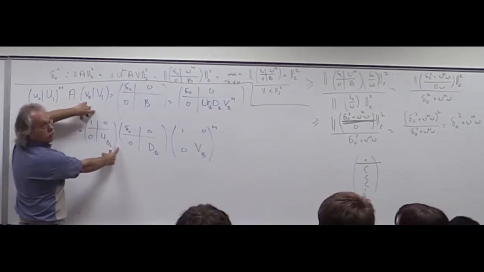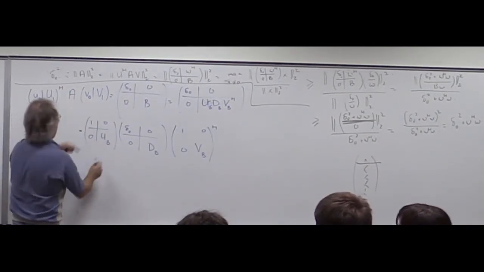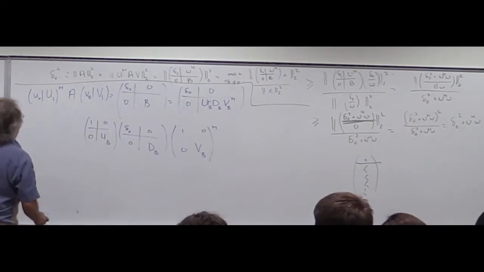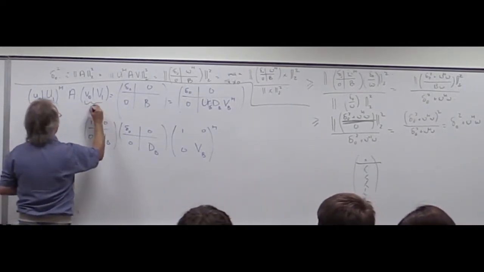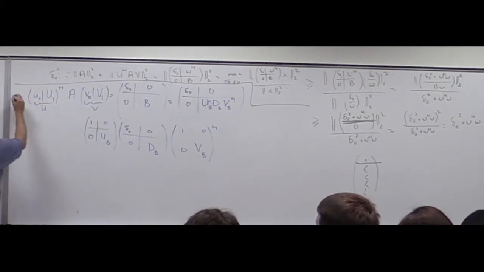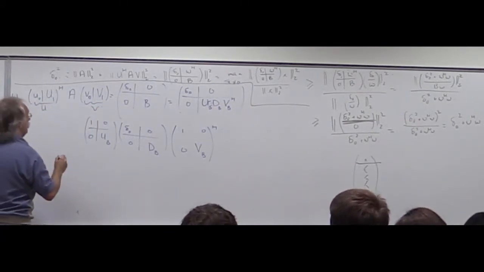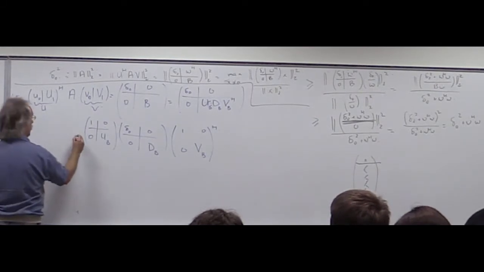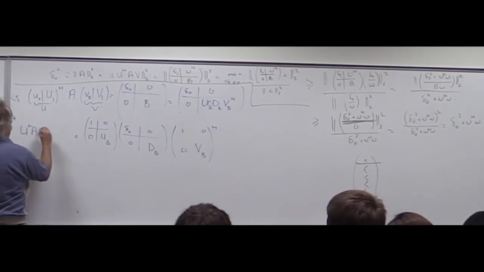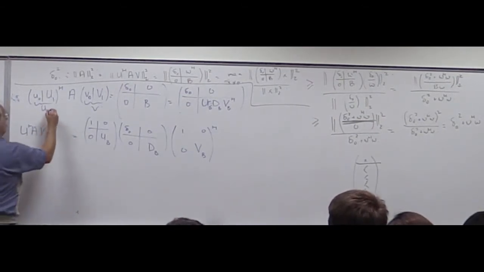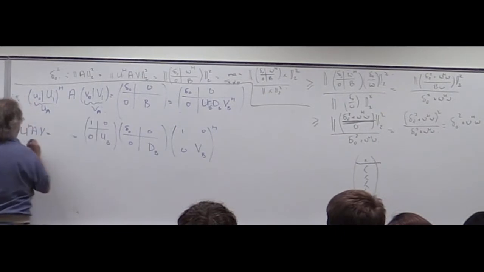If we call this U and we call this V, then you can multiply this by U on the left. So what we've now established is this. Actually, let's call this UA and this VA so that we don't get confused.